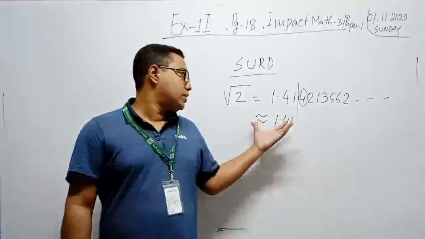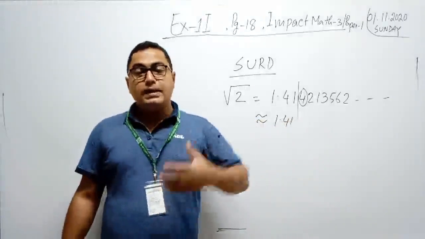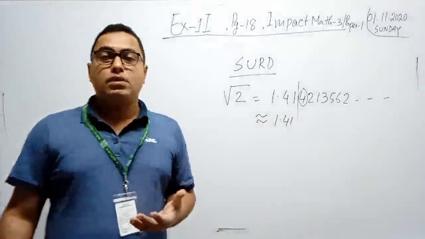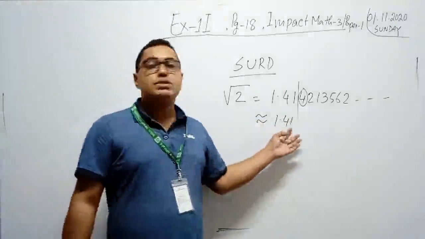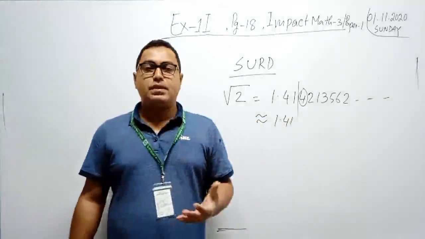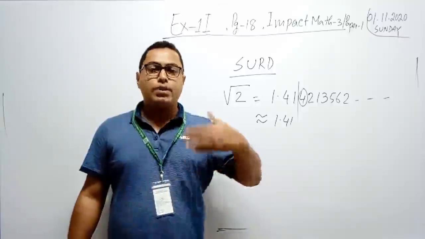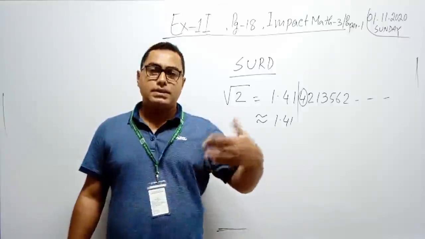We need to take some approximate value. And these approximate values, if you use them 5 times in 5 operations, then the error will increase step by step.